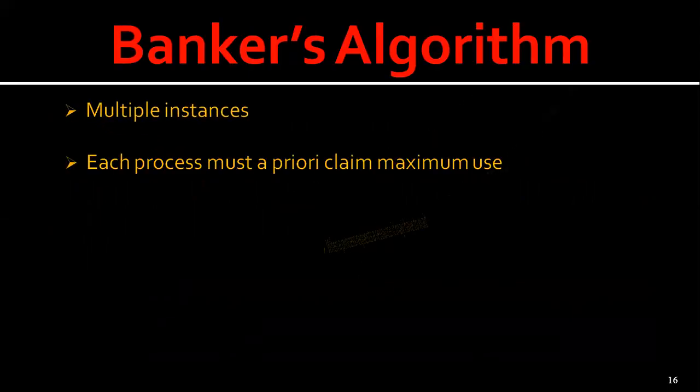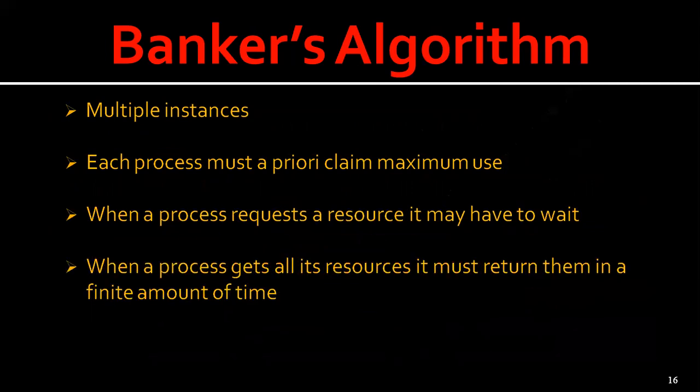Okay, so now let us see the Banker's algorithm. This is the algorithm we are going to use for avoiding the deadlock. So here, the resource allocation graph algorithm is not applicable to a resource allocation system with multiple instances of each resource type.